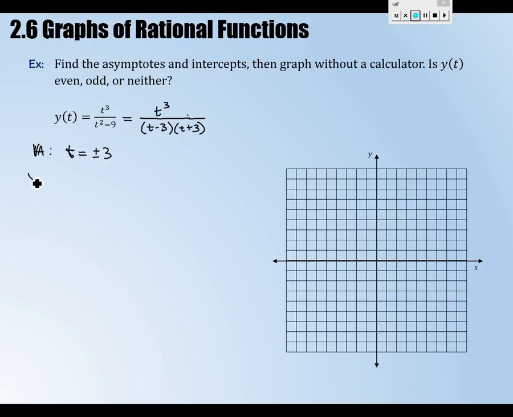We have an x-intercept at t equals 0, and that's also the y-intercept, isn't it? Okay, so already I've got t equals -3, t equals +3, and (0, 0). That's not much to go on, right? But we still have to talk about the slant asymptote on this one.